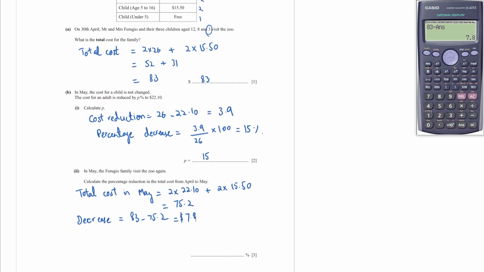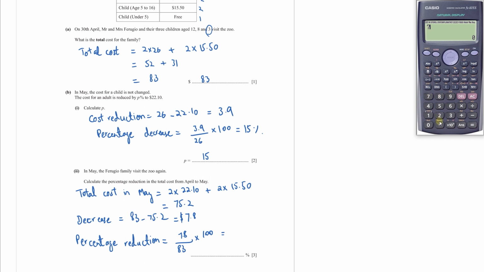Now we need to calculate the percentage reduction. The percentage decrease will be the reduction in cost, which is $7.8, divided by the initial cost, which was 83. Sorry, 83 in April, not May. May is 75.2. You're moving from April to May, so your initial cost is 83 in April.